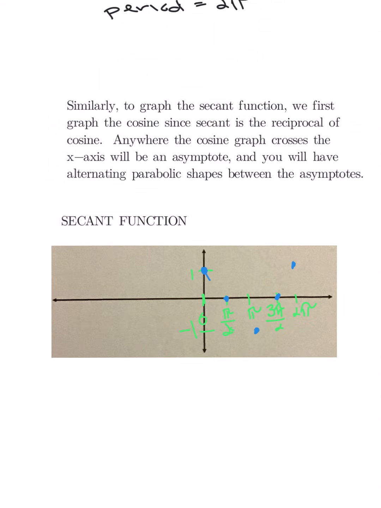So if we just sketch this in as a dotted graph, there's our cosine. So what that means now is that where we were at 0, which is at pi over 2 and 3 pi over 2, we will have vertical asymptotes.